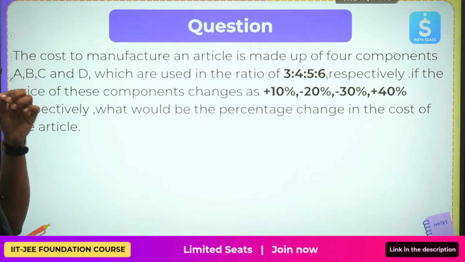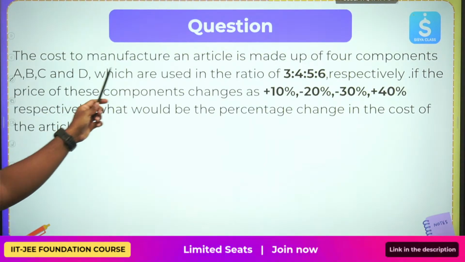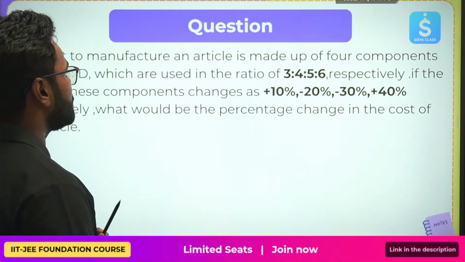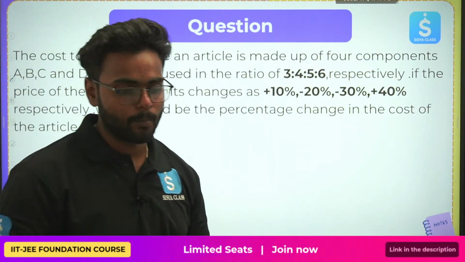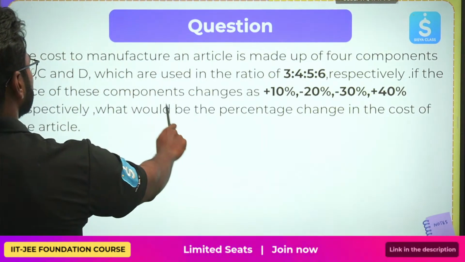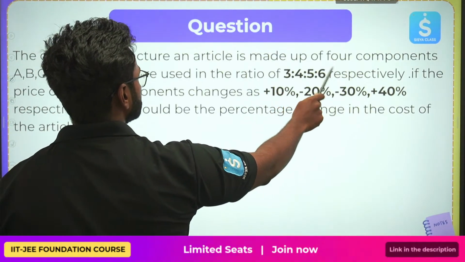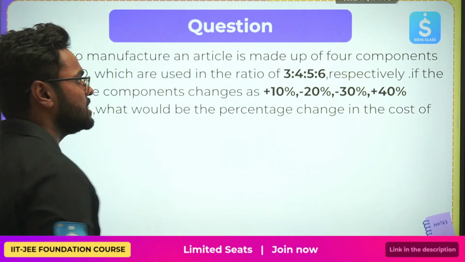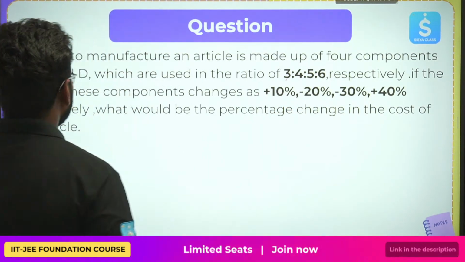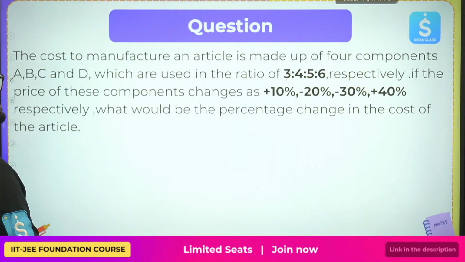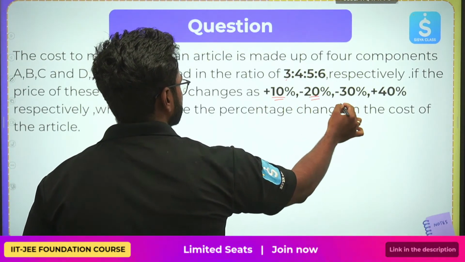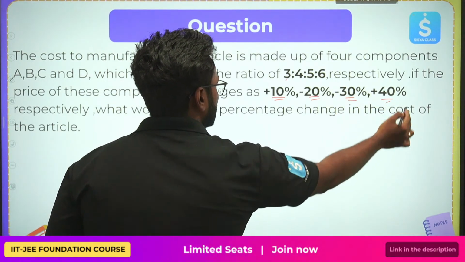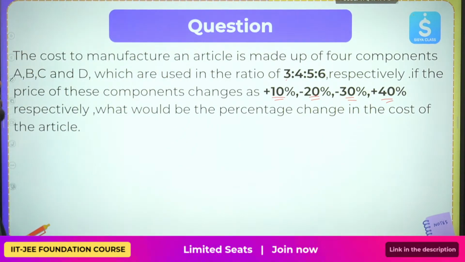Now let's solve a question. The cost of manufacturing an article is made up of 4 components A, B, C and D. These 4 combinedly make up the article, used in the ratio 3:4:5:6 respectively. If the prices of these components change by plus 10%, minus 20%, minus 30%, plus 40% respectively, what would be the percentage change?